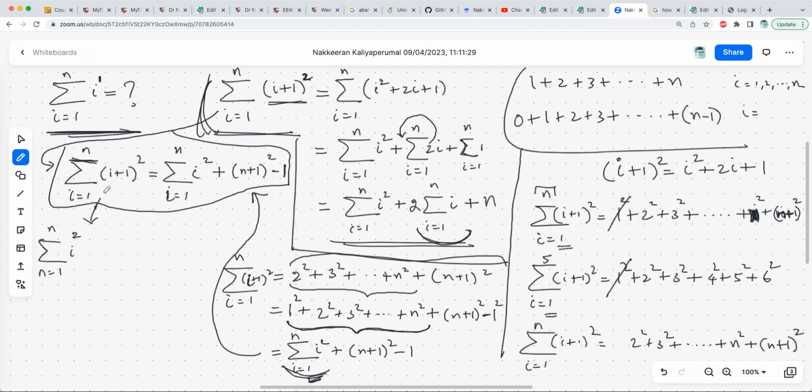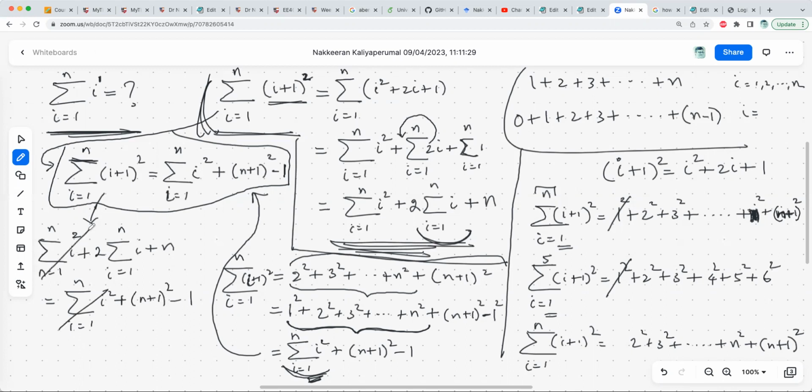So this side, I'm writing it from here. This is the summation of i squared plus 2i, with i running from 1 to n, plus n, which is actually equal to the summation of i squared, i running from 1 to n, plus (n plus 1) whole squared minus 1. So in this case, this i squared and this one can get cancelled.